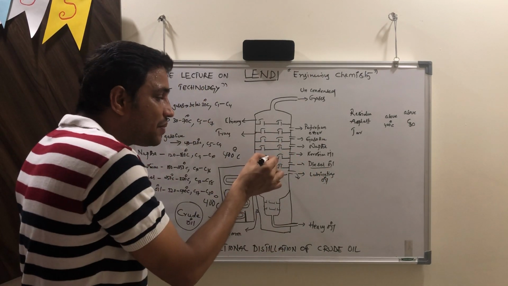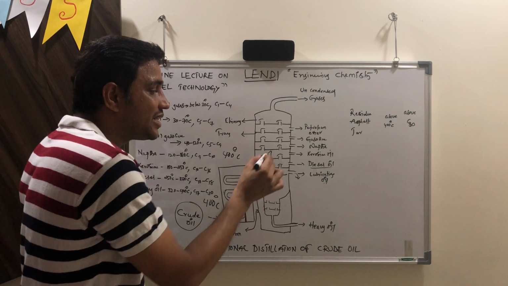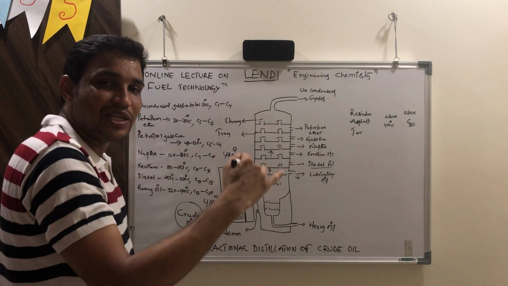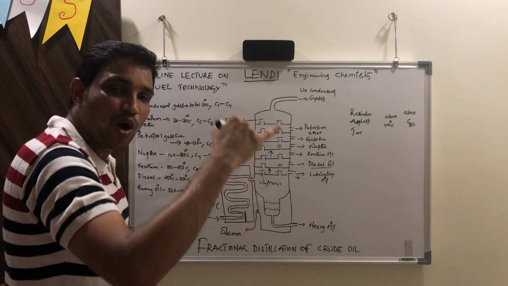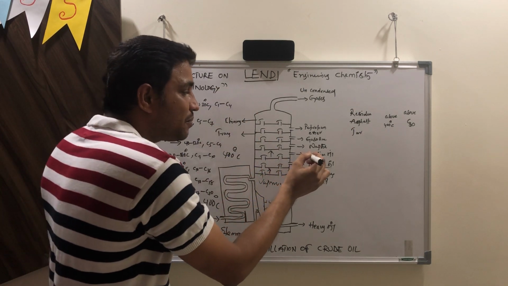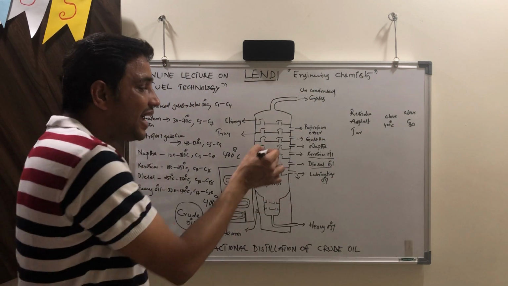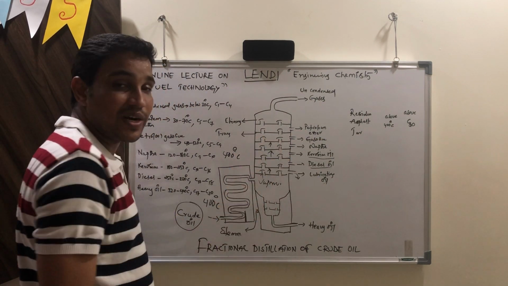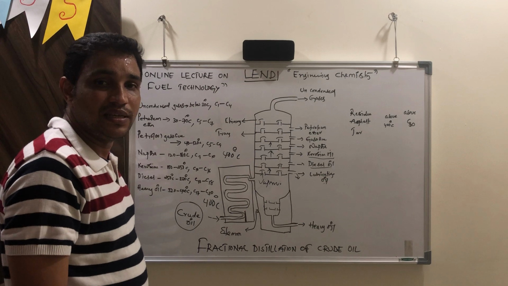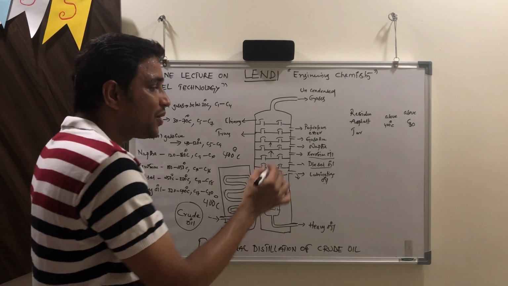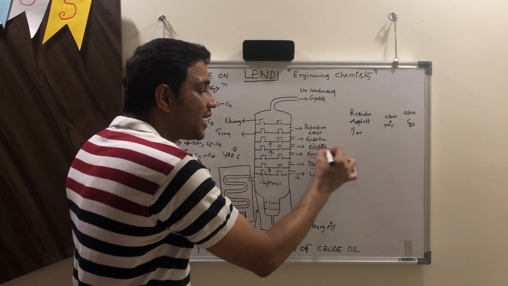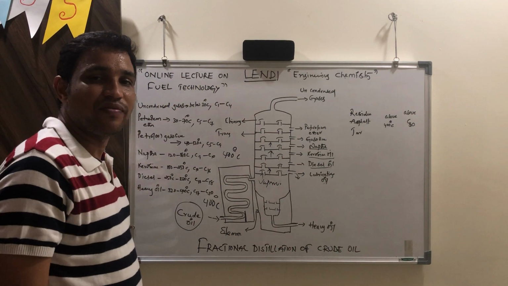Now the rest of the vapors move in the upward direction, where again the temperature decreases. At the lower temperature, the other fraction becomes liquid. They can be collected here. Again the rest of the vapors move upward through the trays, through chimneys, and lose some amount of heat in the form of energy.